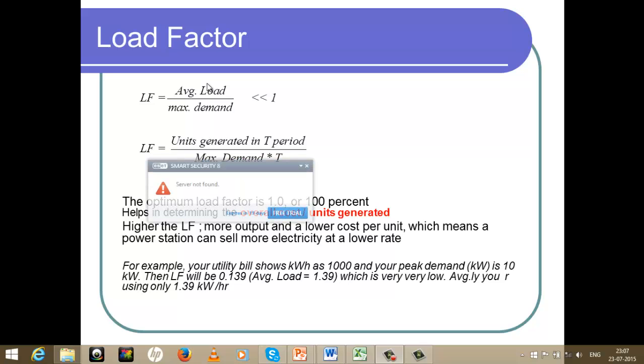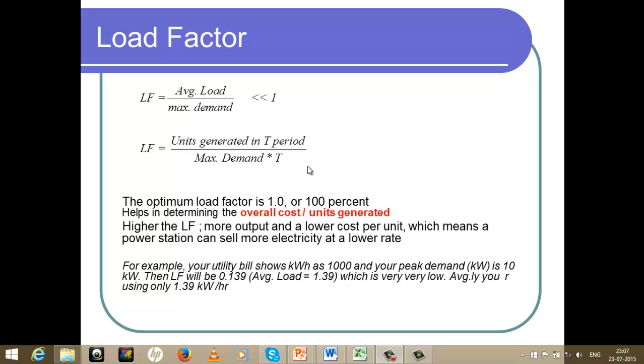In that case, the load factor is good and you are generating the power at very low cost. So from this explanation, we can easily observe that if the load factor value is greater, that means near to 1, you are operating the generating station at a good level. Suppose the load factor is very low, then we can say you are generating the electricity at a higher rate.